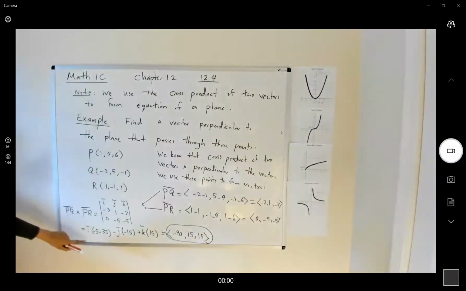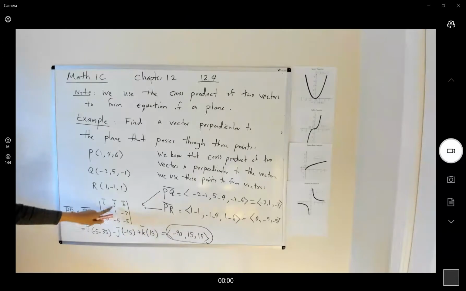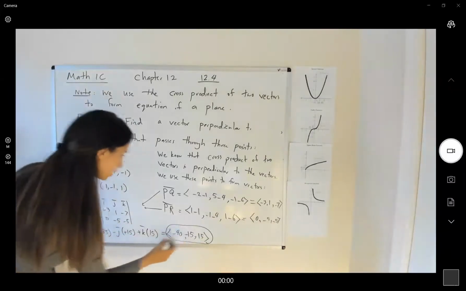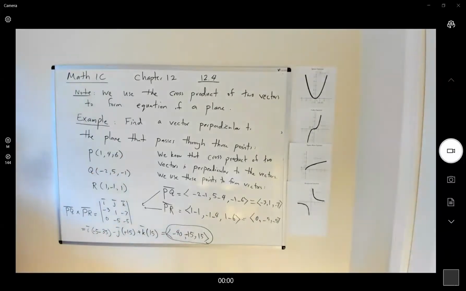And for my j, I have +15, so I have -15 here. And for my k, I haven't used it. Okay, perfect.